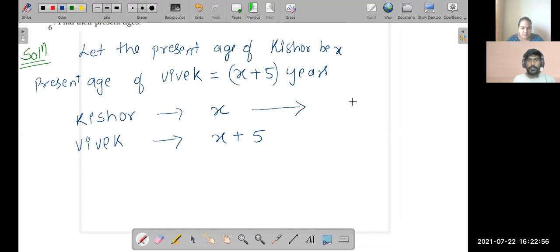What will be the reciprocal of X? What is the reciprocal of X? Reciprocal, not just interchange it.